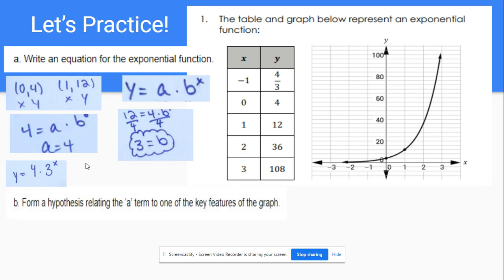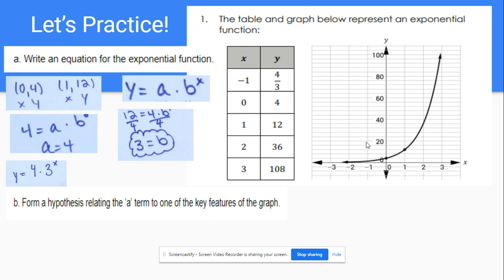So let's talk a minute. Let's form a hypothesis and figure out where this a term, in this case 4, comes from in terms of the graph and the table. What do you think that's representing? If I go over to my table and I'm looking for this 4, it's right here. And that happens when x is 0. It's the y value when x is 0.